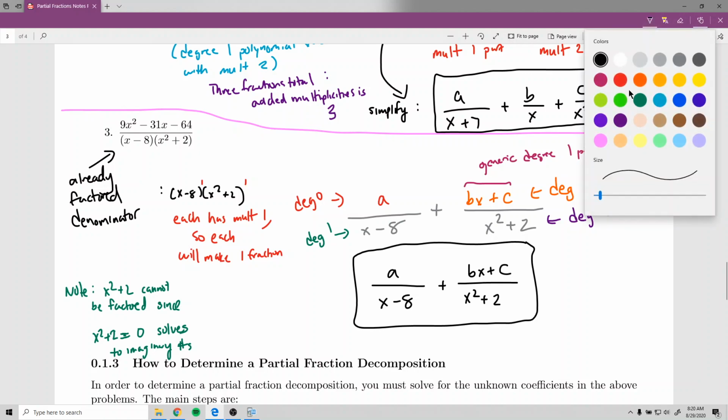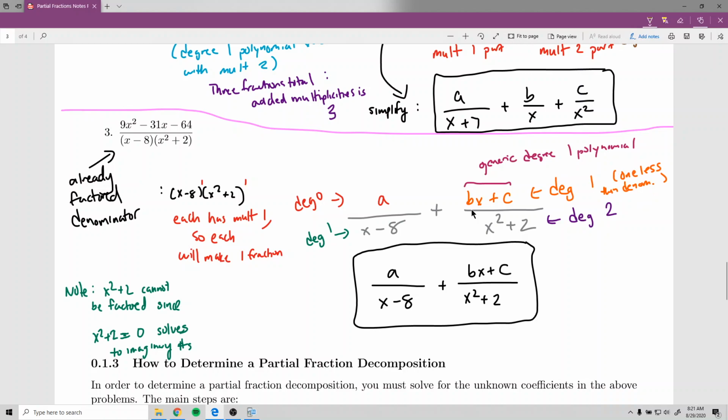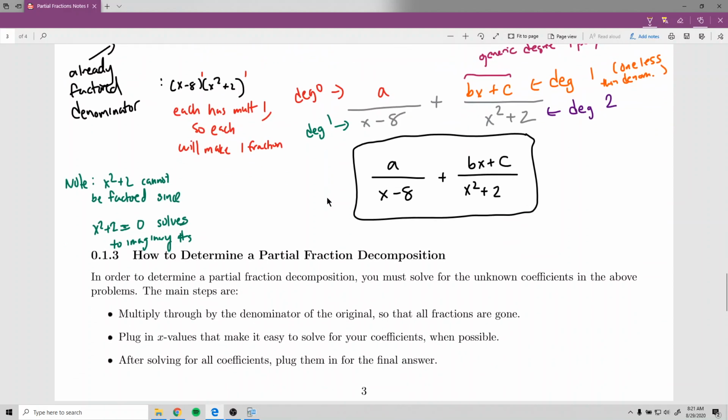Now the main steps here, they're not necessarily having to be done this way. This is the way I do it because I like to do the same thing every time, but I also think this is the simplest way. You might run into other people if you get tutoring help on this that do it a little differently. You might like that other way more than my way, and that's fine.